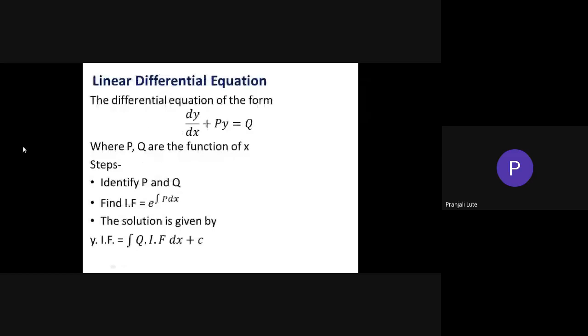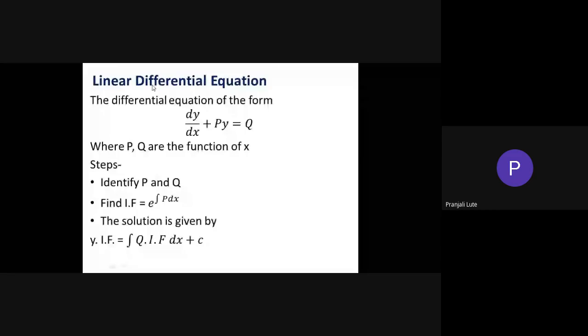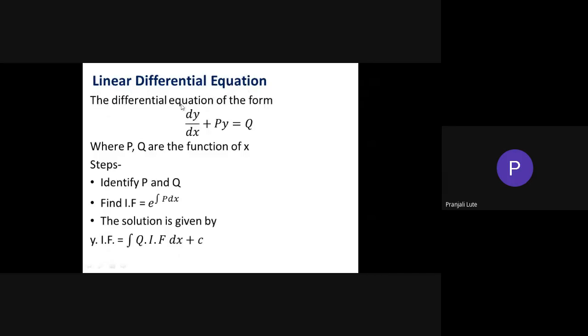Next, the fourth type is linear differential equation. First type is variable separable form, second is homogeneous, third is exact differential equation, and the last one is linear differential equation. So how to identify your linear differential equation?